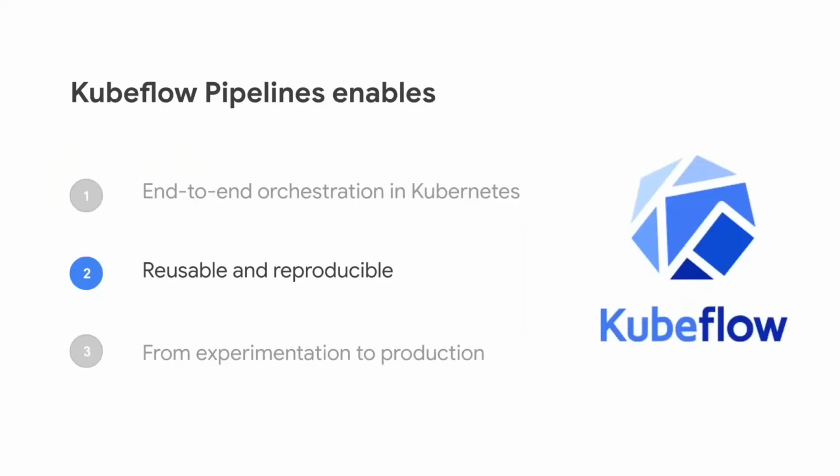All right. So now let's look at the second key value proposition of Kubeflow Pipelines, which is sharing, reusability and composability. The key premise here is most machine learning applications today are built as bespoke applications. But as machine learning becomes more mainstream, it is getting embedded into multiple applications. You need a faster way to build machine learning applications.